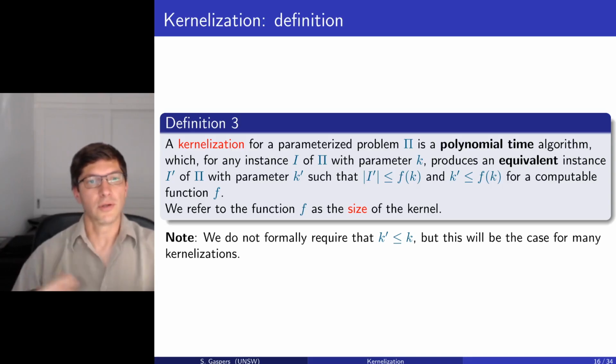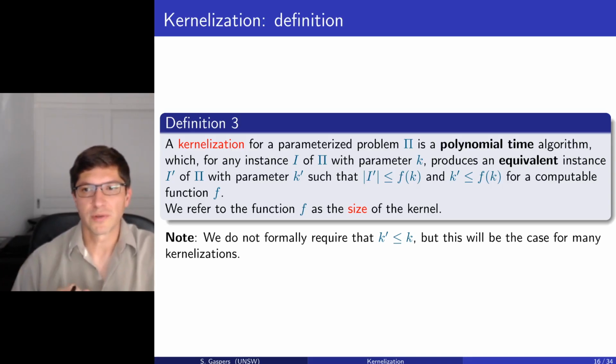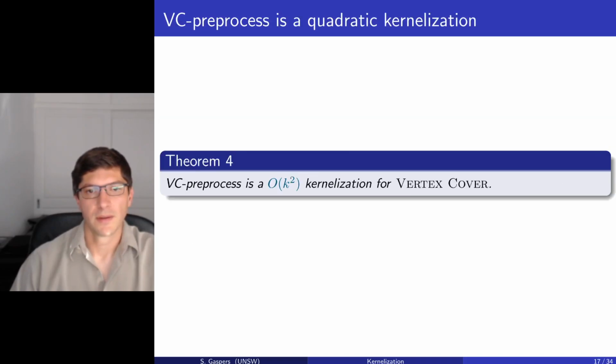Okay, so kernels are not just polynomial time preprocessing algorithms where we are able to upper bound the size of the output instance by a function of the parameter. So VC preprocess is an order k squared kernel for vertex cover.